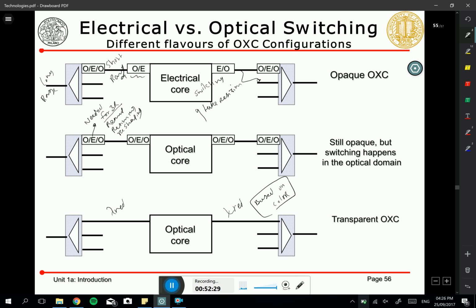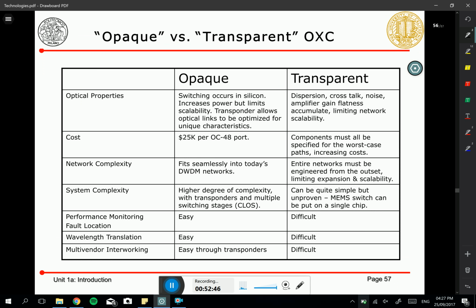And then from the transponders to the router, you have another fiber working on another wavelength, a short range wavelength. So this is the reason why it's so strange, right? You have O, E, O, O, E, E, O, and so on. It seems like there's redundancy of optoelectronic conversion, but that's how it works.